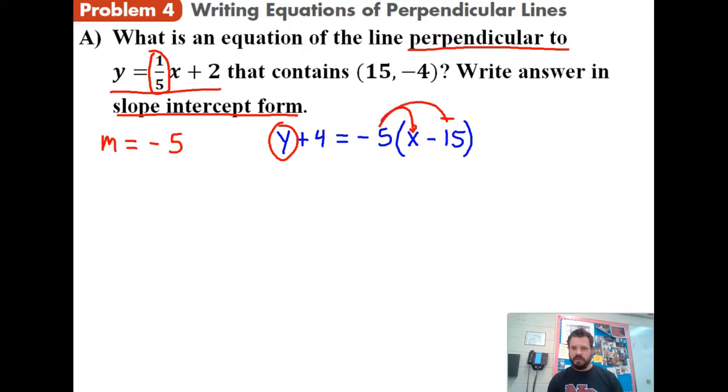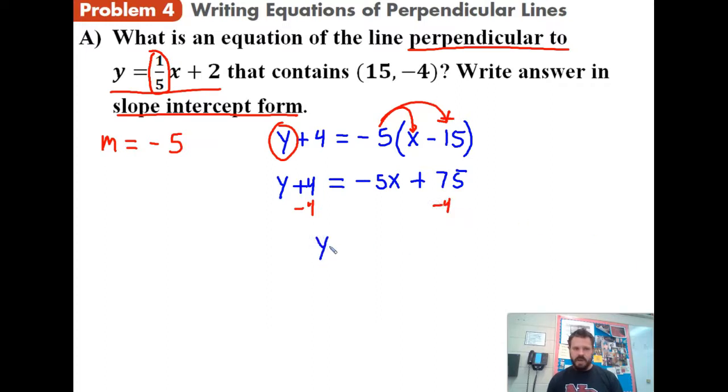So my pen glitches out on me there. Let's fix that arrow a little bit. There we go. So we'll have y plus 4 is equal to negative 5x plus, for the negative times negative, and then 5 times 15 will be 75. And then last step, I'm going to subtract 4 from both sides.